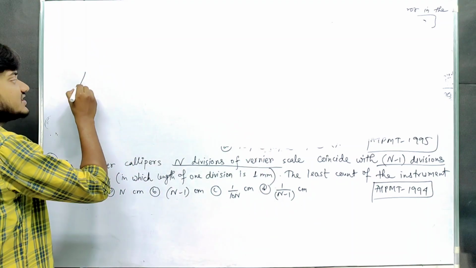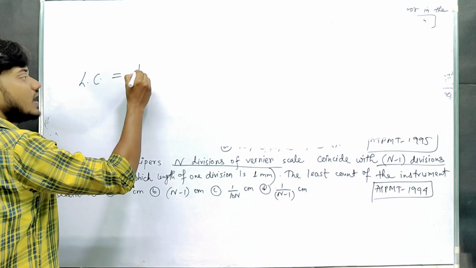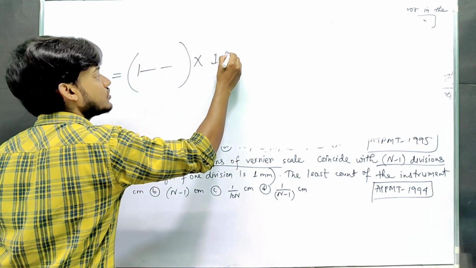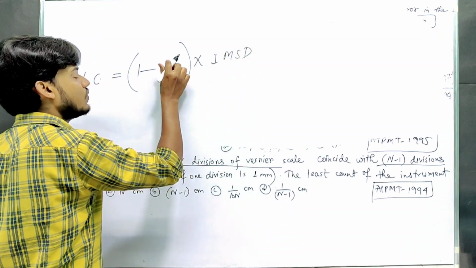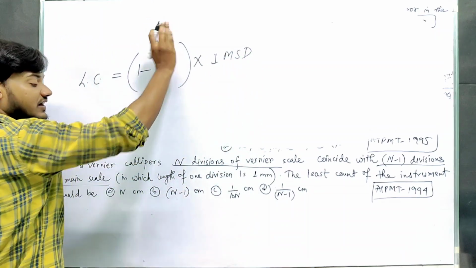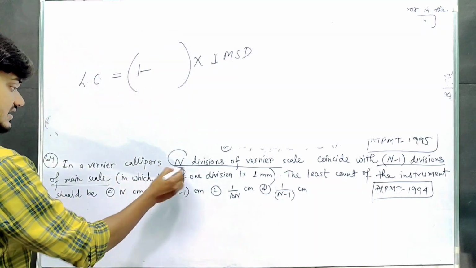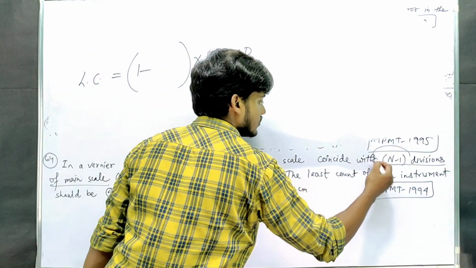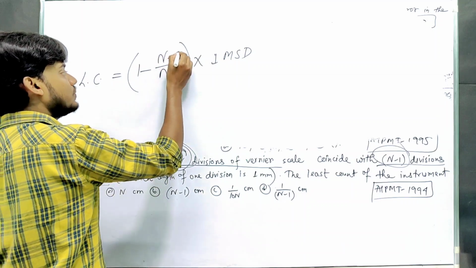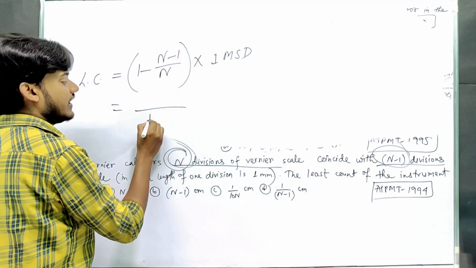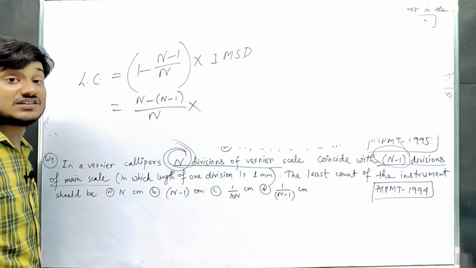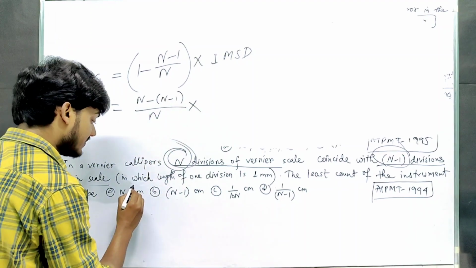We know the least count of vernier calipers is 1 minus less by more, into 1 MSD, yes or no? One main scale division. 1 minus less by more, so what do we have to do? Between n and n minus 1, which is more? n is more, so n goes below, the smaller goes above: n minus (n minus 1), 1 MSD, one main scale division.